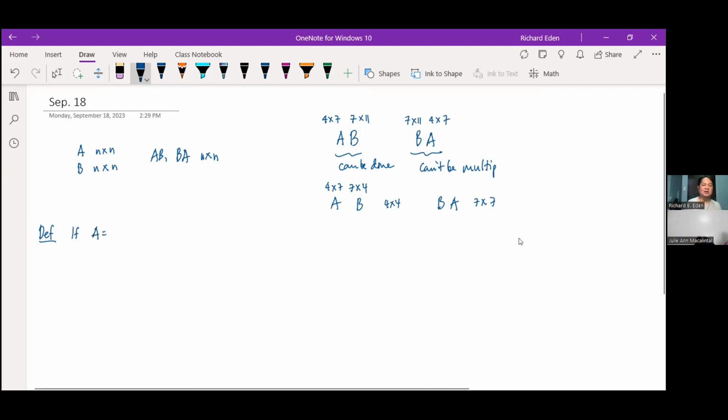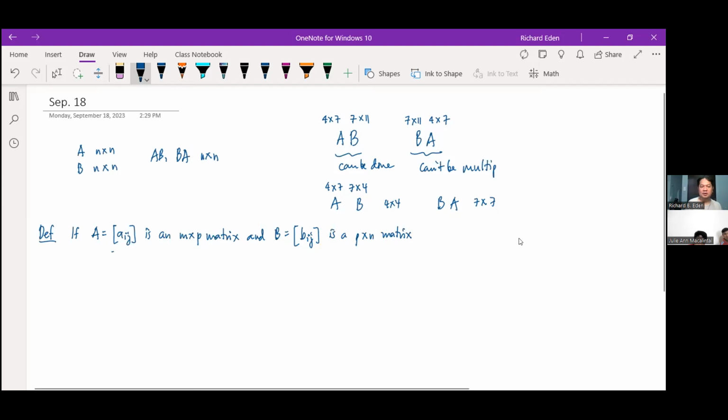So suppose the matrix A has entries A sub ij. Suppose this is an M by P matrix, and B given by B sub ij is a P by M matrix.